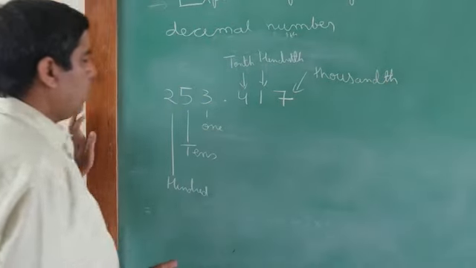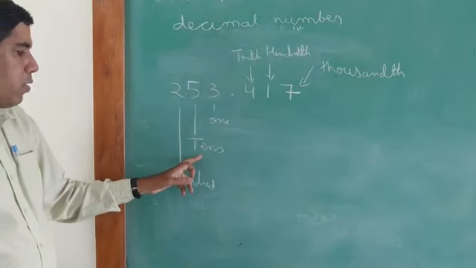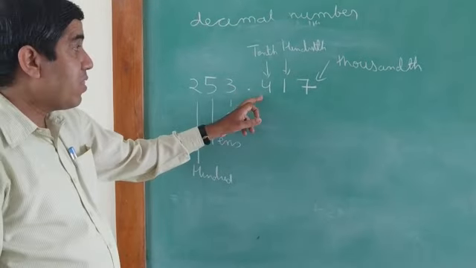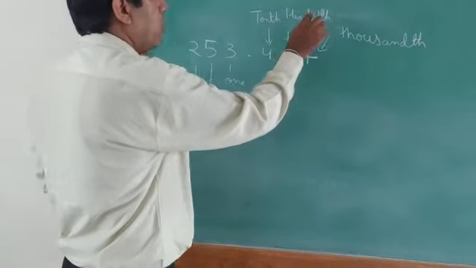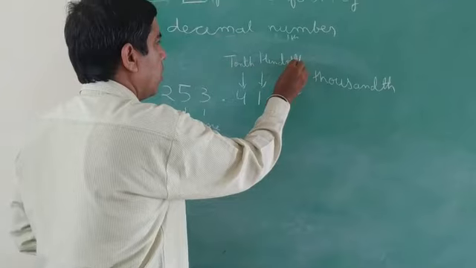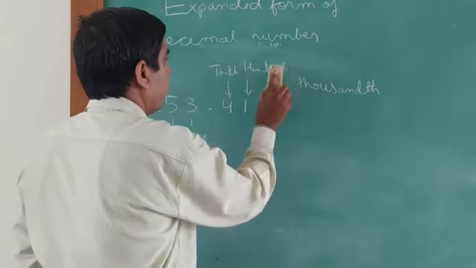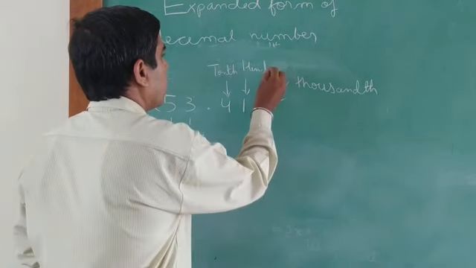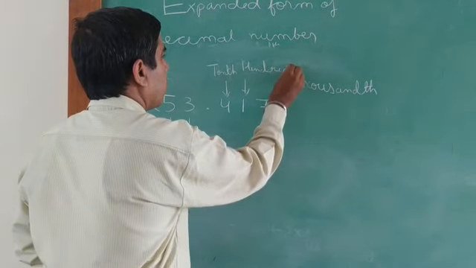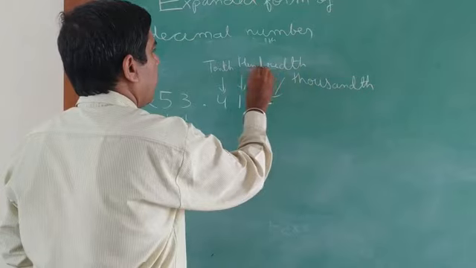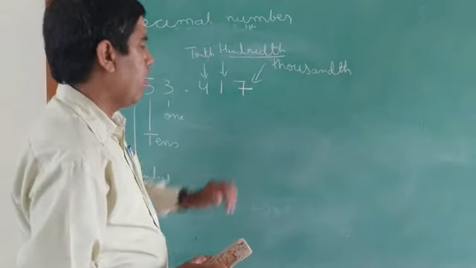So you can see here, this is ones, this is tens, this is hundreds, this is tenths, hundredths, and it is the thousandths place.